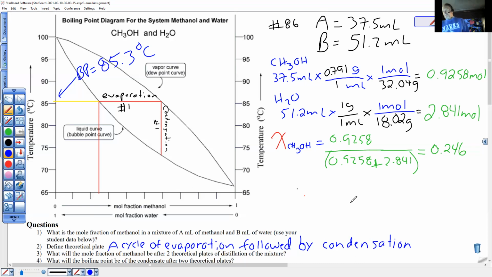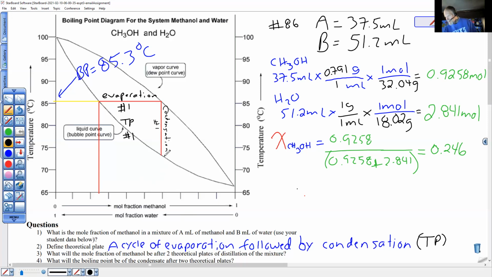So the more volatile chemical, are you surprised our mole fraction went from being 0.246 at our beginning to our new liquid here after one theoretical plate. This is TP number 1. Theoretical plate, TP, is now more than 0.3, 0.4, 0.5.